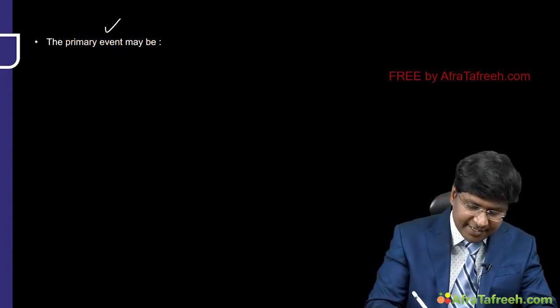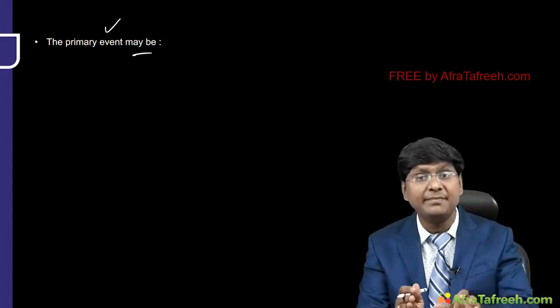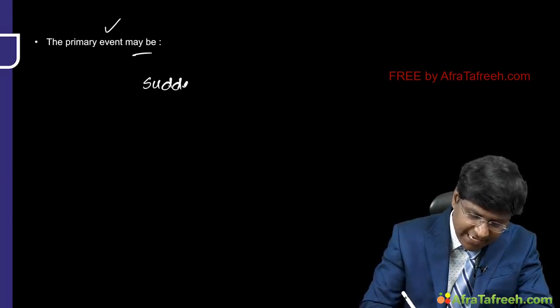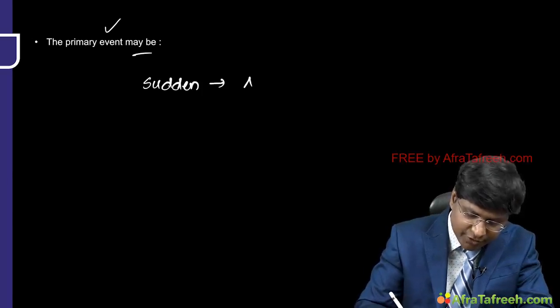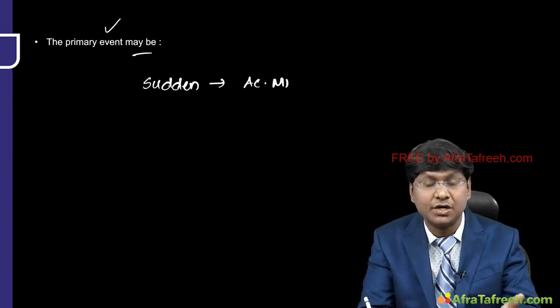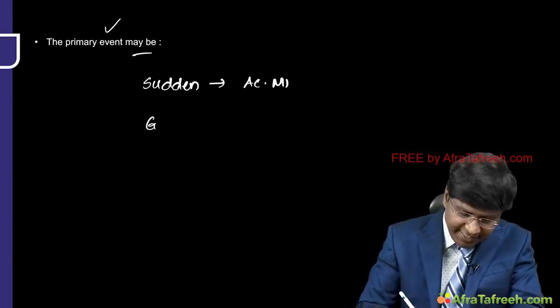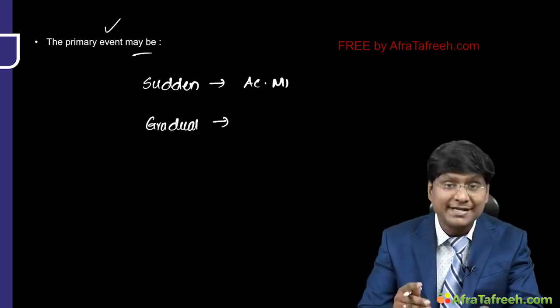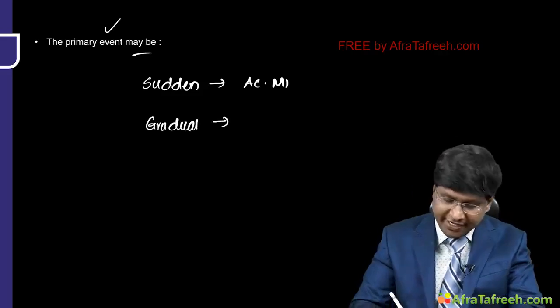And this index event or primary event may be sudden in onset. Where do you have sudden onset of heart failure? Like in patients with acute myocardial infarction. Or it might be gradual in onset. Where can you have this?